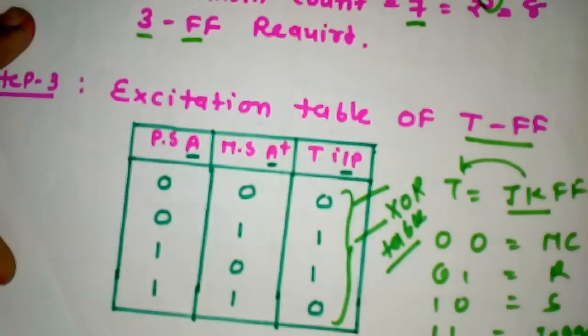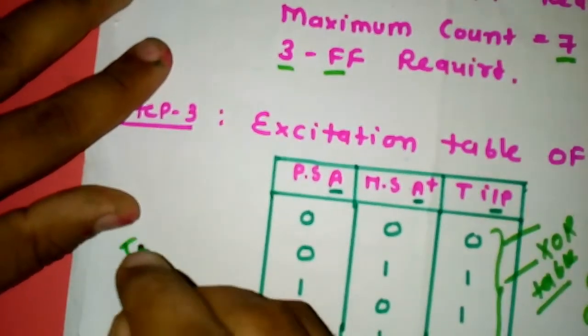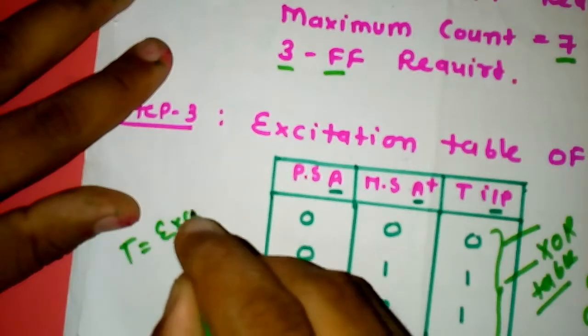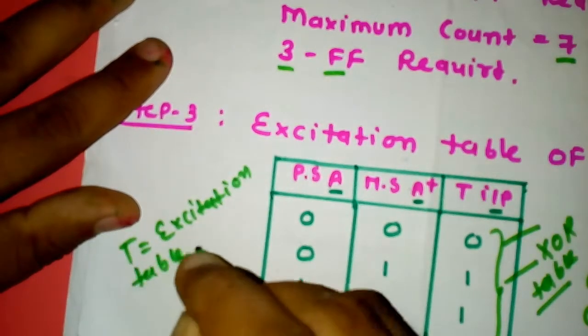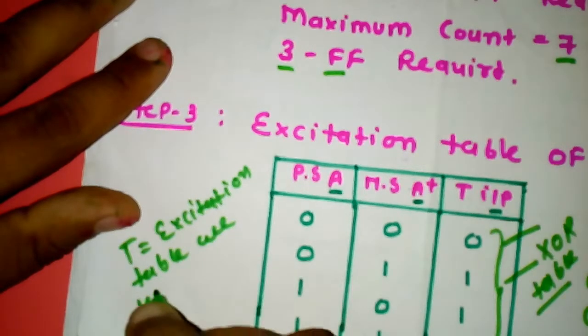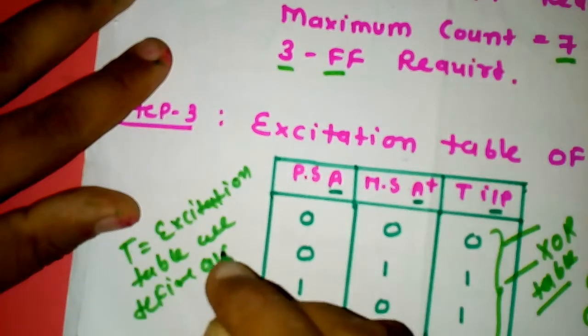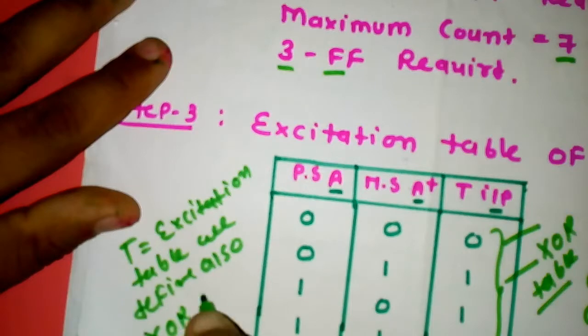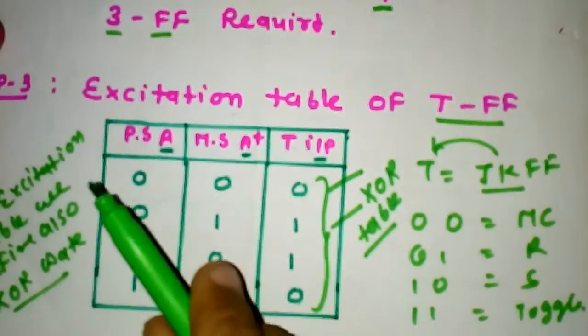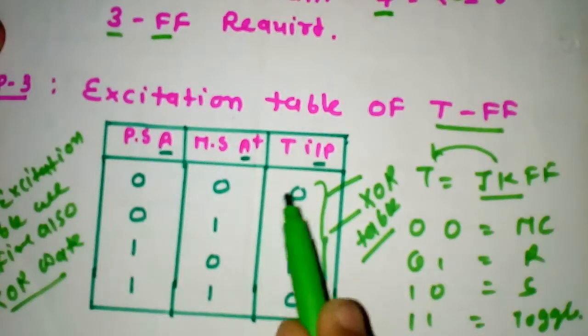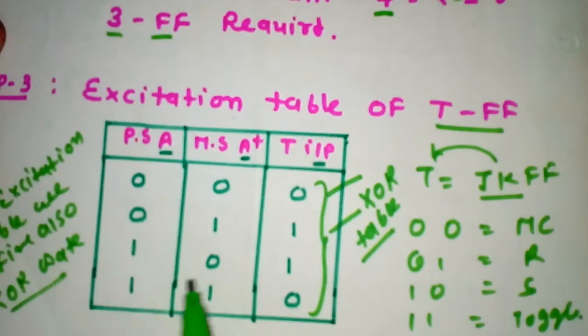The T flip-flop excitation table is also an XOR gate. In the XOR gate, if the inputs are the same, the output is 0. If the inputs are different, the output is 1.